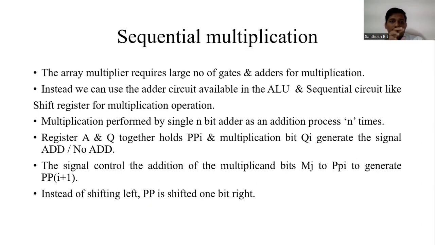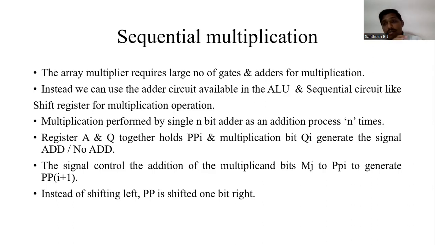Before multiplication, initially the register is 0000. The add or no-add signal is generated by the control sequencer. When to add and when not to add, I will explain in the diagram.